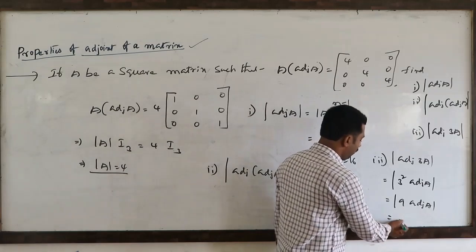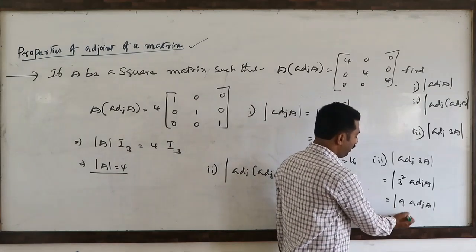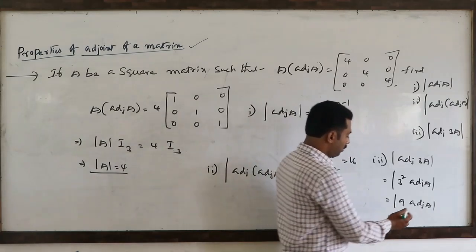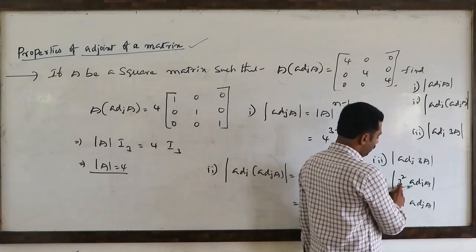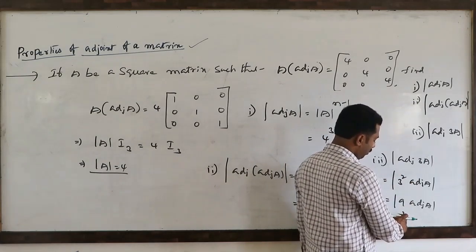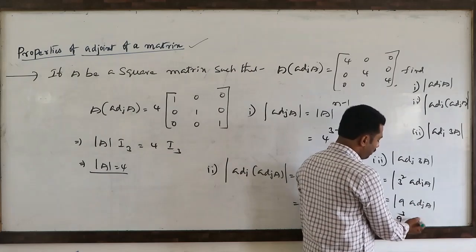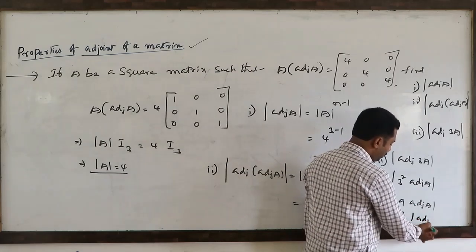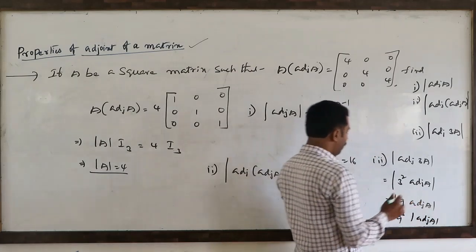So what is the formula? 9 to the power n, where n is 3. So this is 3 square, which is 9. So from this, determinant of adjoint of A.